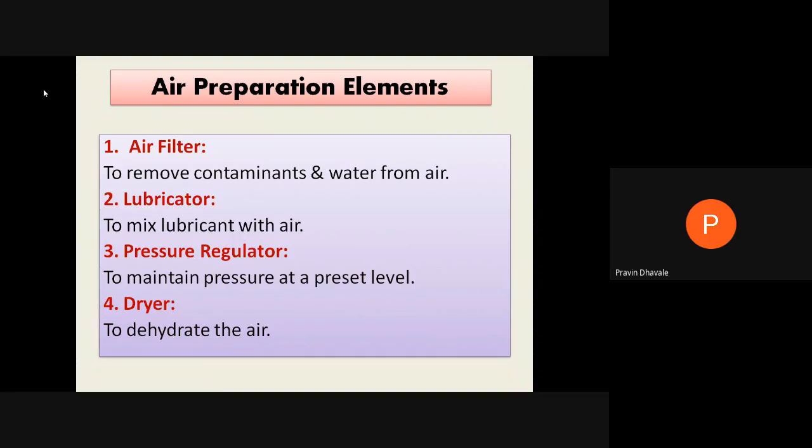Muffler is nothing but a cylinder which is provided with some number of baffles.